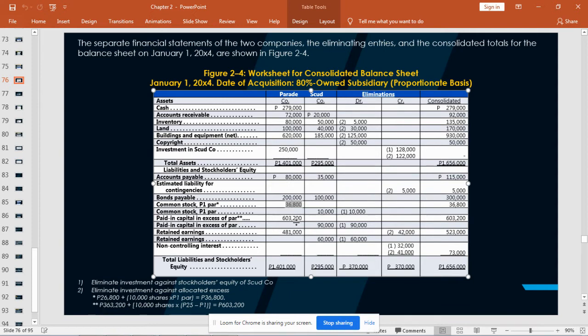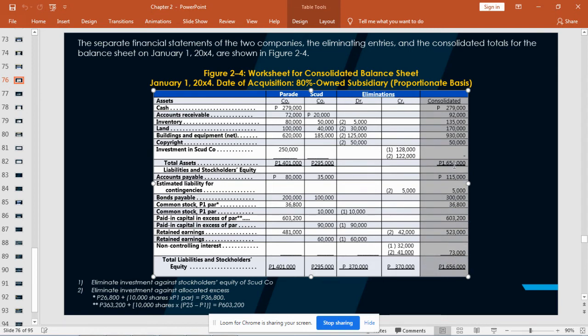Tapos, dun sa ating paid in capital in excess of par, we have an additional of 240,000. Right? Okay. So, this will be our consolidated balance sheet items.